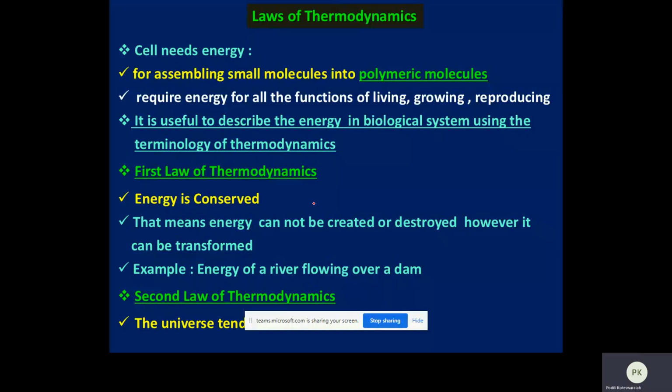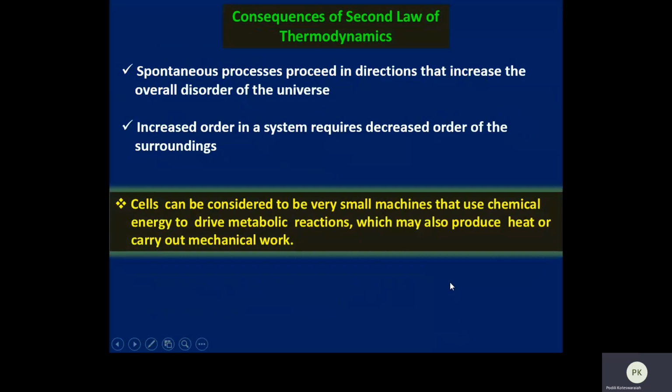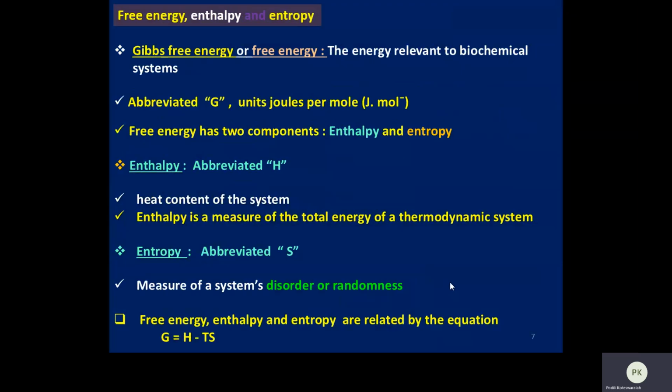The second law of thermodynamics says that the universe tends towards maximum disorder, so it deals with randomness or disorderedness. To understand the electron transport chain, we also need to understand the terminology we come across in thermodynamics, that is free energy, enthalpy, and entropy.